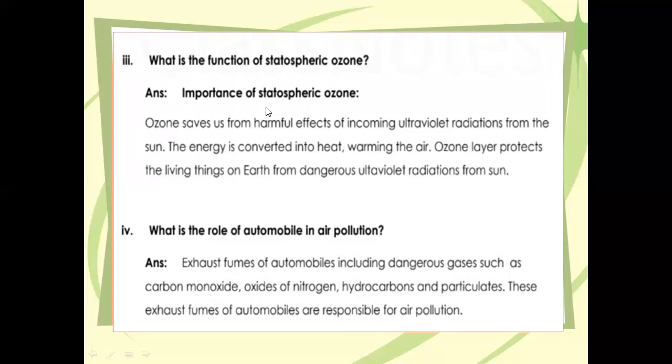But when one reaches the stratosphere, the temperature increases from -55 to -5 degrees Celsius. Why does the increase in temperature in the stratosphere take place? The reason is that ozone is present in the stratosphere at 10 parts per million, and that ozone absorbs the ultraviolet radiation coming from the sun and converts it into heat.